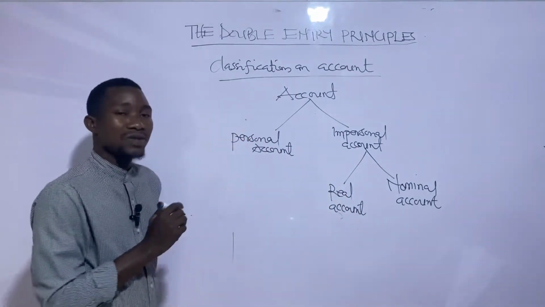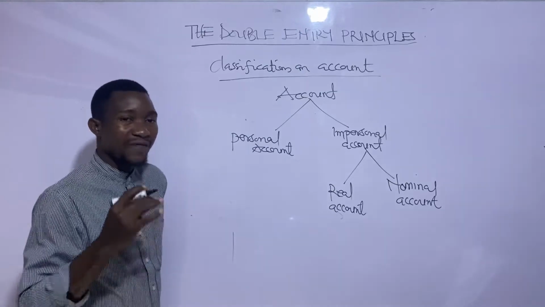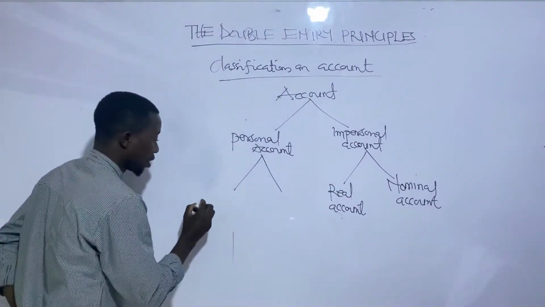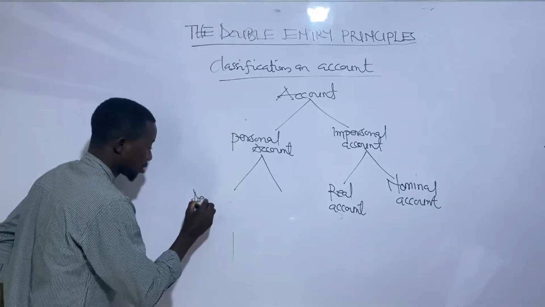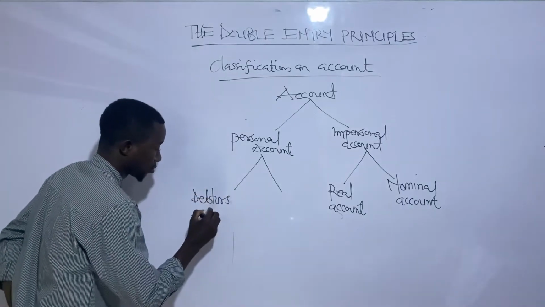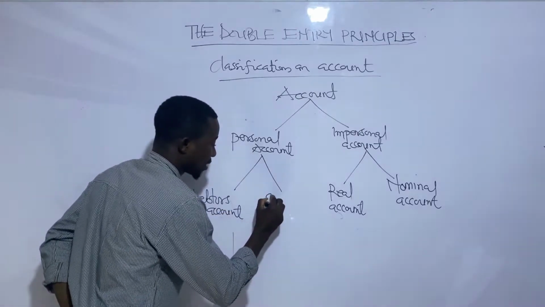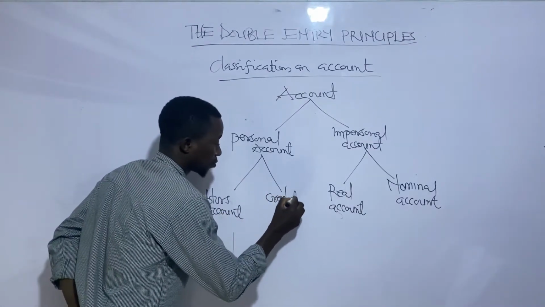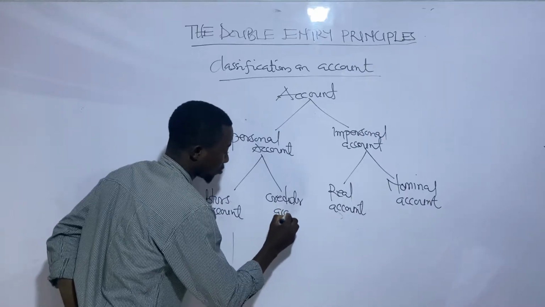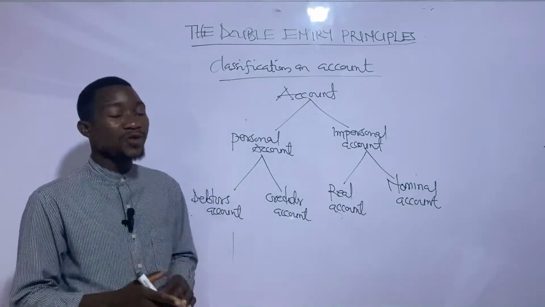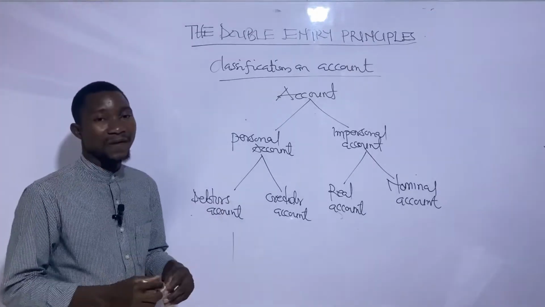The personal account can also be classified into two. So we will have what we call debtors account, and we have what we call creditors account. Very good. So let's try to know the meaning of these various classes of accounts.